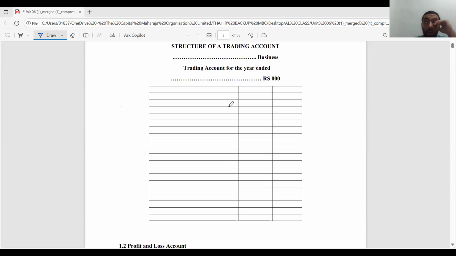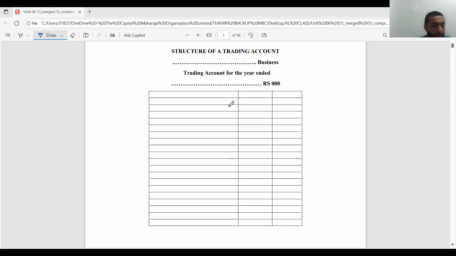Structure of a trading account, right? Very simple. You write a name here, someone's business. Trading account for the year ended, for example, 31st March 2025. You can fill this out.